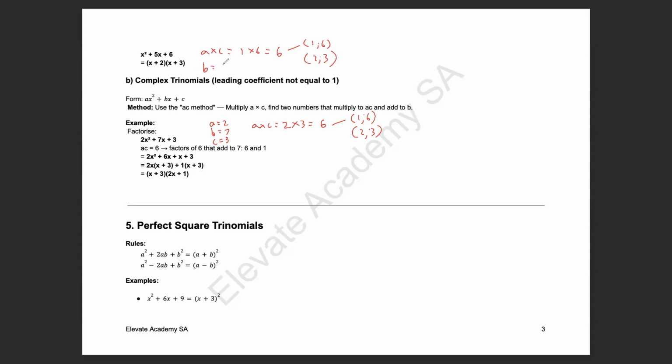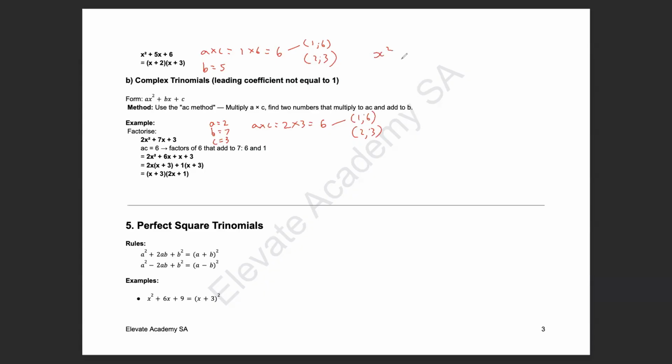And we know our B in this case is 5. So it's clear once again that 2 plus 3 is going to give us 5. And that is how we know which set of factors to actually use. So now we go and complete the process.